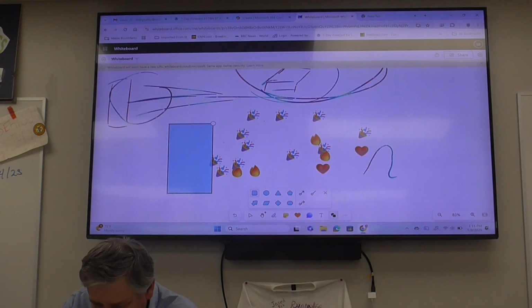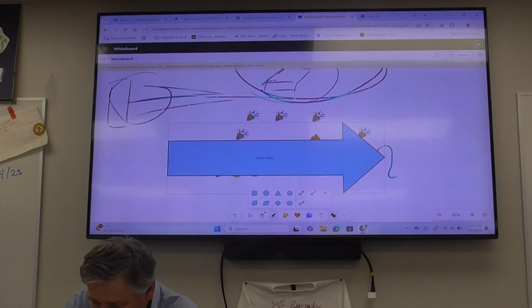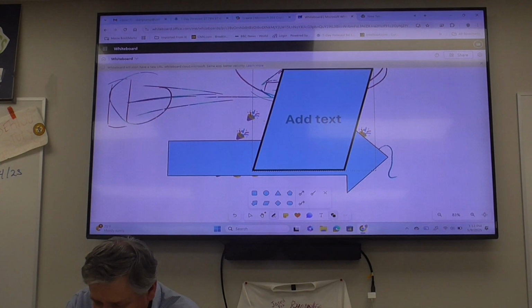Oh, Berg discovered emojis. I'm now fit. Rhombus.